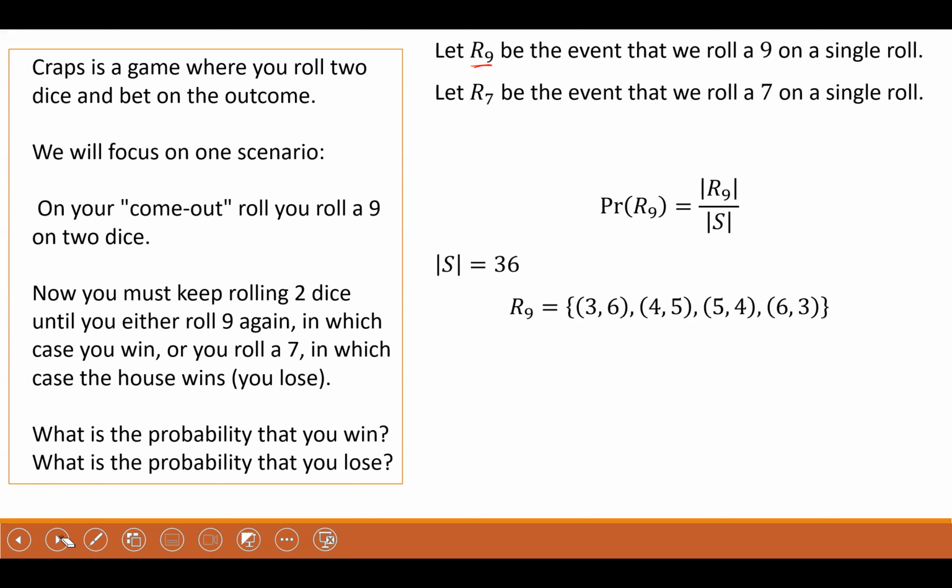If we look at all of the outcomes where we roll a 9, we can basically just count them in a rather straightforward manner. There are 4 possible ways to roll 9 on 2 dice. So my probability that I roll a 9 is 4/36 or 1/9. That's pretty straightforward, I think.